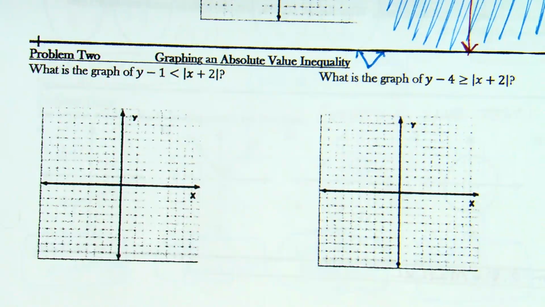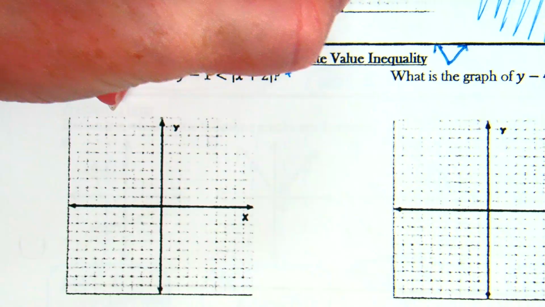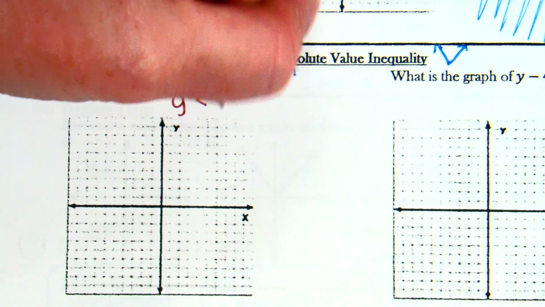Now, first thing I want you to do when you're graphing is make sure y is by itself. Make sure it's like y equals. In this first example, I have y minus 1. So to get y by itself, we're going to add 1. If you add 1 on the left, you add 1 on the right. So then I'm going to have y less than absolute value of x plus 2, plus 1.